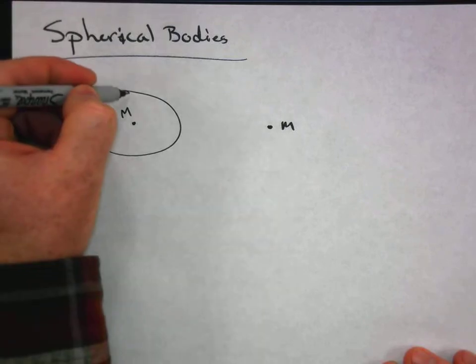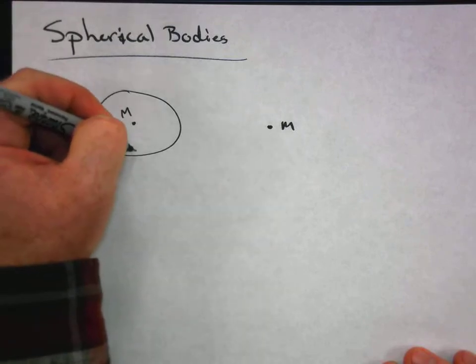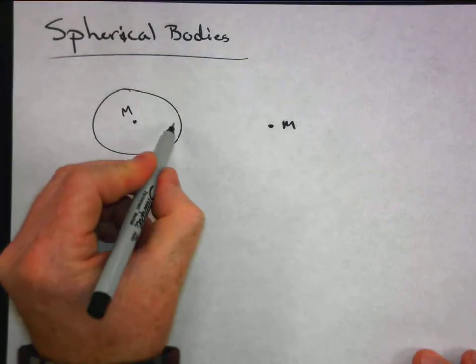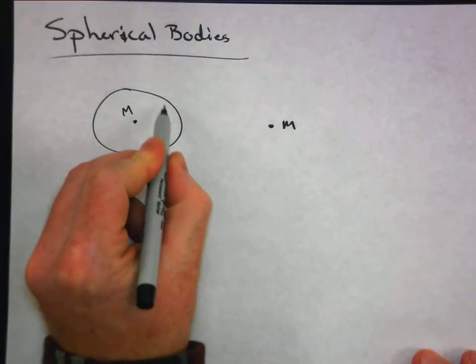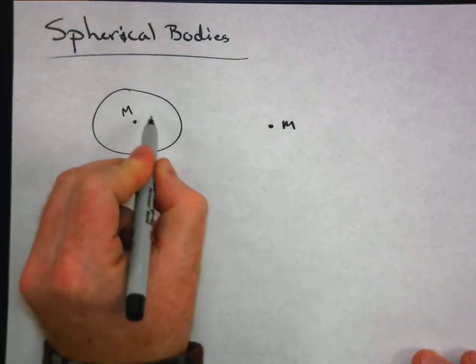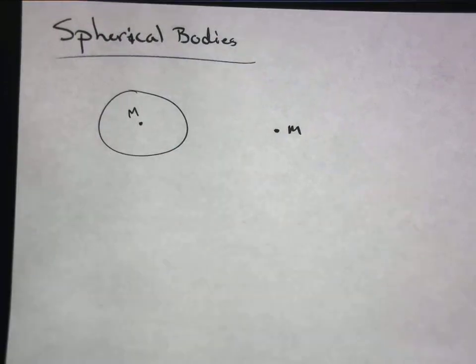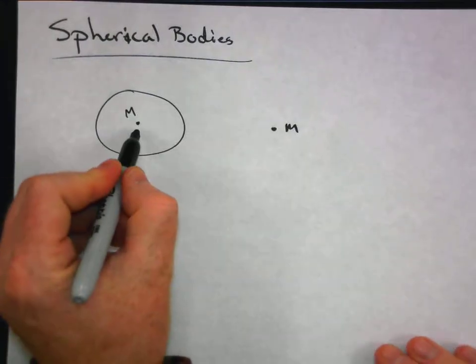And it will be affected by part of Earth here and here in relatively equal ways. If you were to sum up the effects on this object of all the little bits inside of Earth, it turns out it is equal to treating Earth as having all of its mass concentrated at the center.